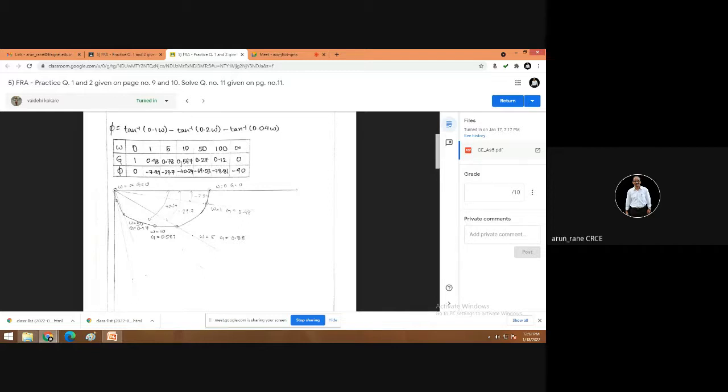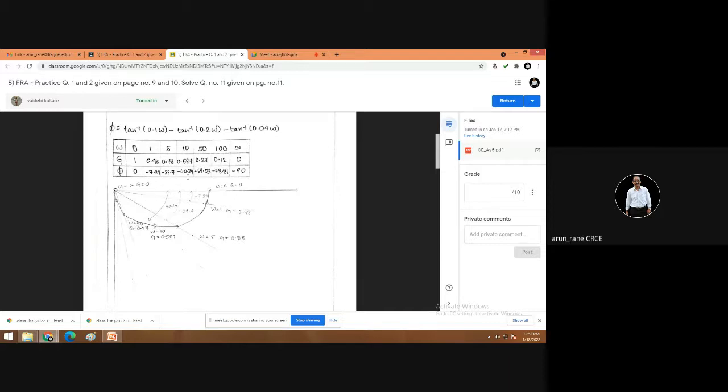Then next G is 0.587. You can work in 2 decimal accuracy, significant figures can be 2. So 0.58, from here to here, or 0.59, and omega is equal to 10.